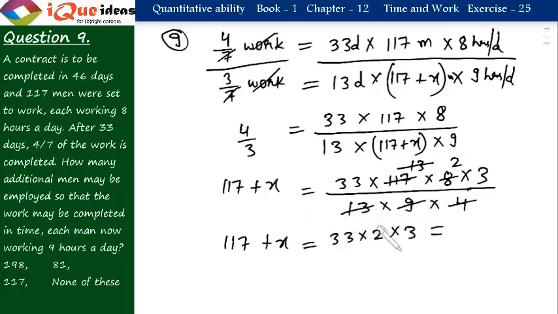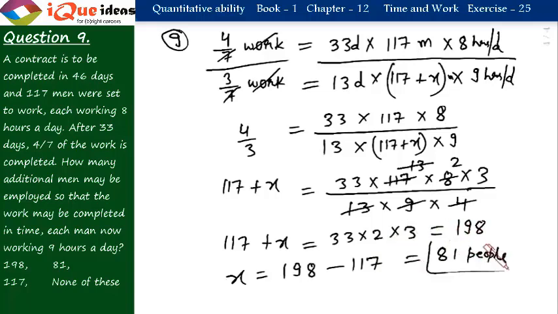That is 198. So x, that is number of additional men required, is equal to 198 minus 117. That is equal to 81 people. Alright, so 81 additional men are required to complete the work in the given time. Okay.